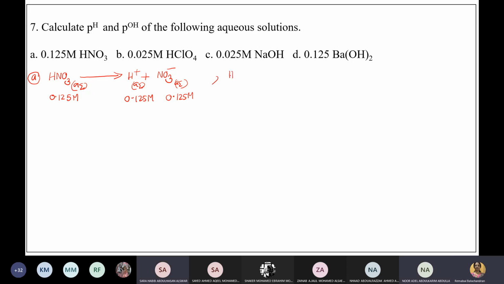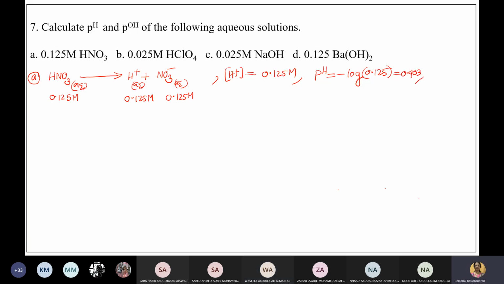So the concentration of H plus is equal to 0.125 molar. Now, how do you find pH? Minus log of concentration of H plus, right? That is minus log of 0.125. Can you tell me the answer, please? 0.903.